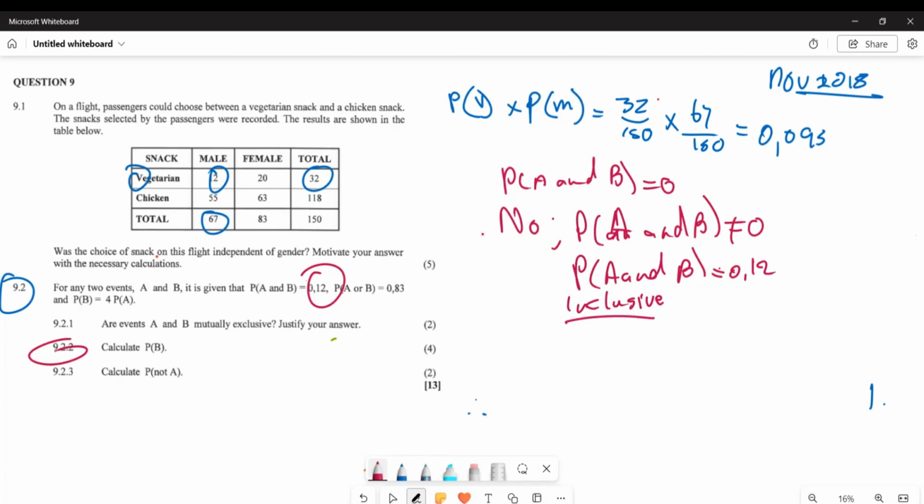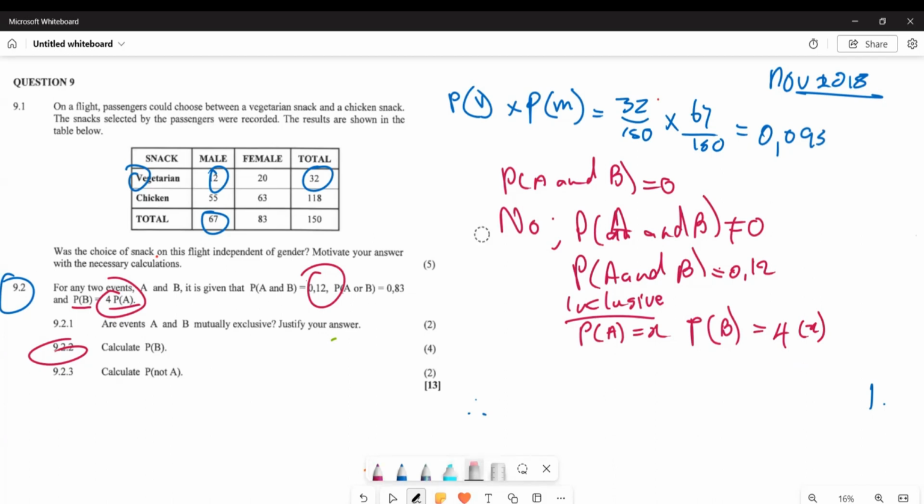The probability of B is 4 times A, which means wherever there is the probability of B, you can substitute 4A. If let's say the probability of A was equal to X, the probability of B was going to be 4 multiplied by X. Isn't it so? Hopefully you get it in this context.